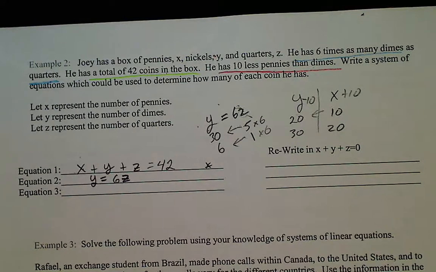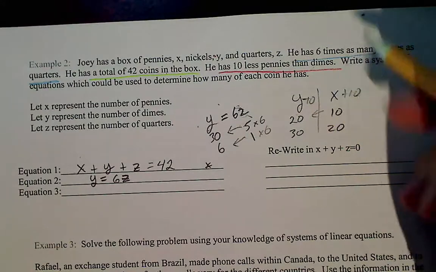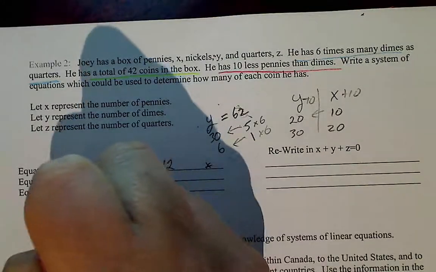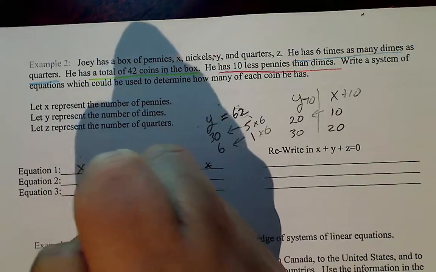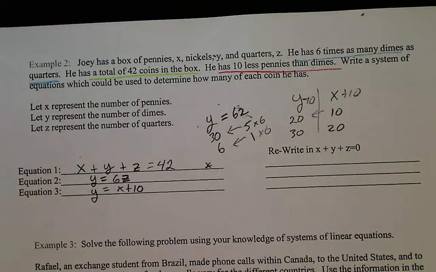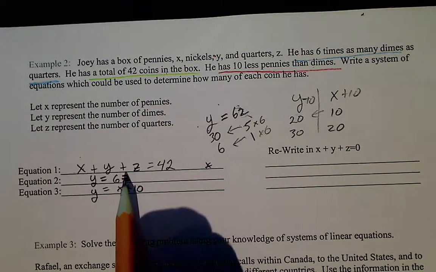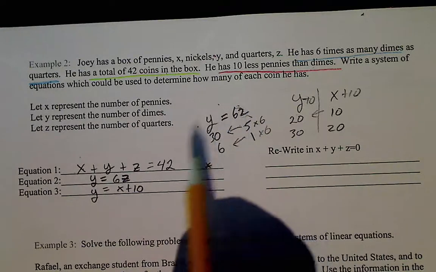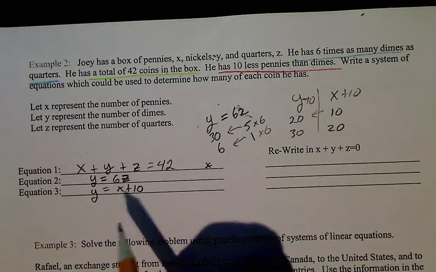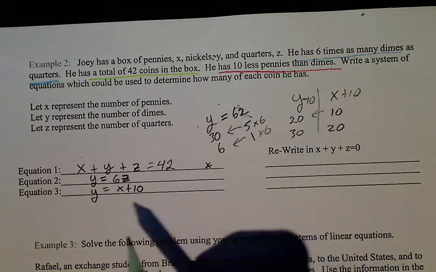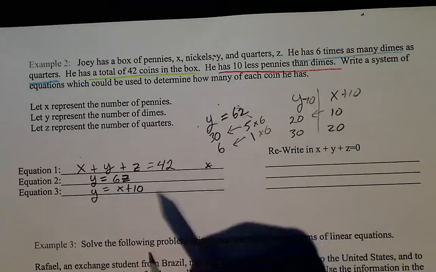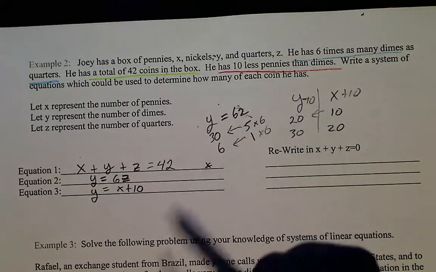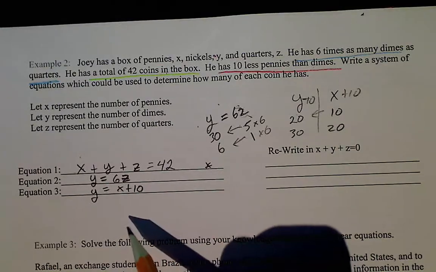Either way would work to do this. I'm going to choose this one right here, where the number of dimes I have would be the number of pennies plus 10 more. And sometimes that's one of the more complex things to do, is to interpret this to this. But if you just draw yourself little diagrams, it helps recognize and see what I'm doing here. If I had written it with y minus 10 equals x, I would come out with the same answer I'm going to look for anyway.